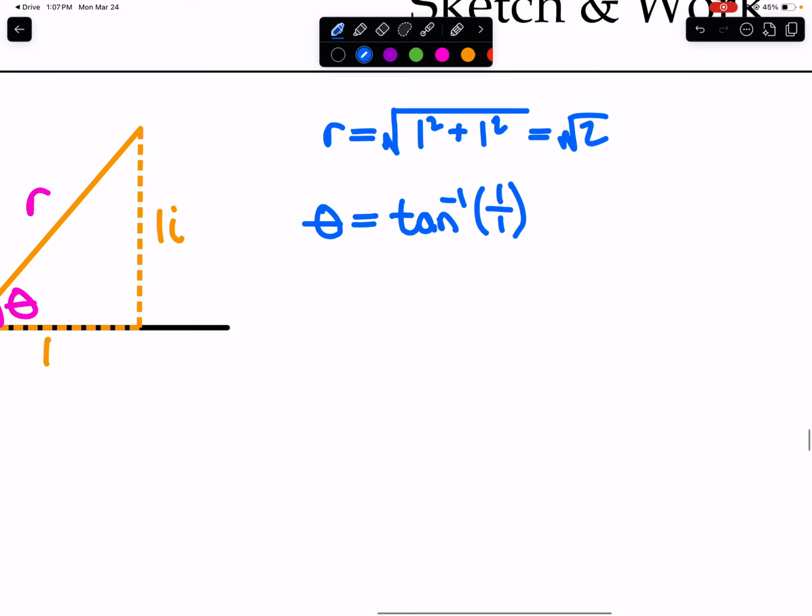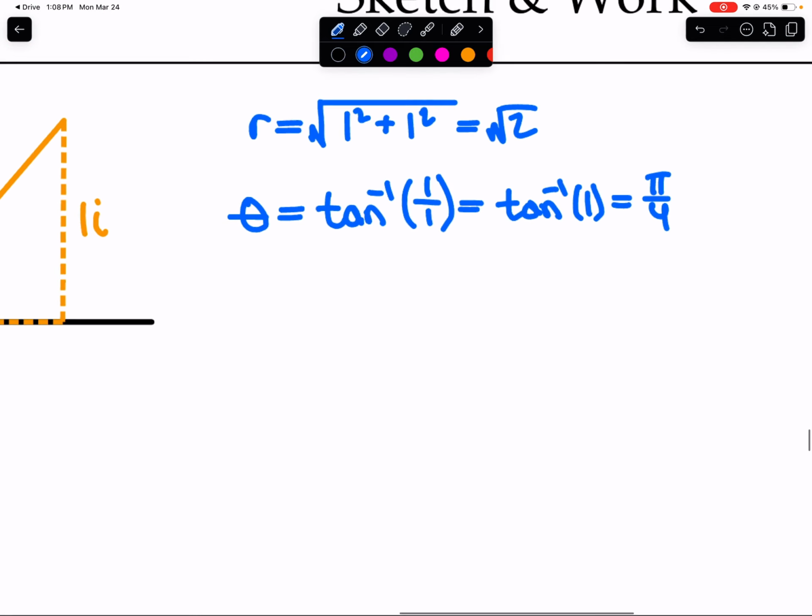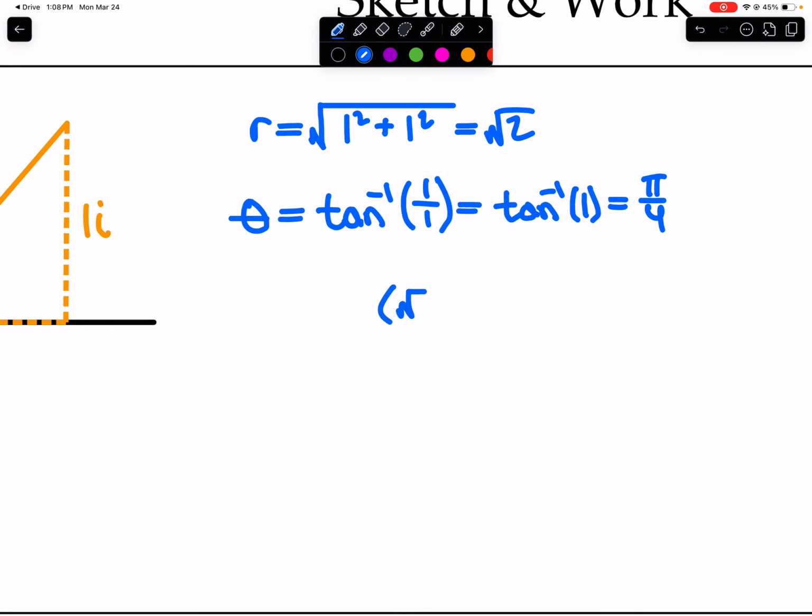The i just tells you that it belongs to your vertical component. So you're only taking the coefficient, you're not taking the i. So this is going to be equal to inverse tangent of 1, which is going to happen at pi over 4. So if I were to write it as a polar coordinate, it would be root 2 comma pi over 4.